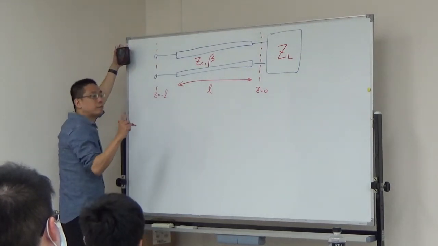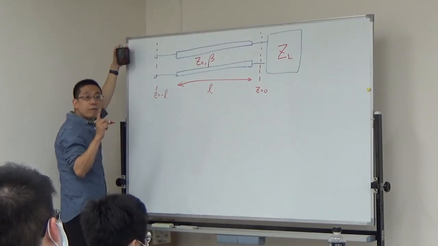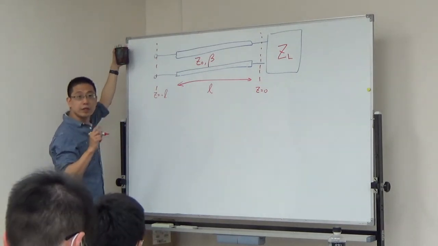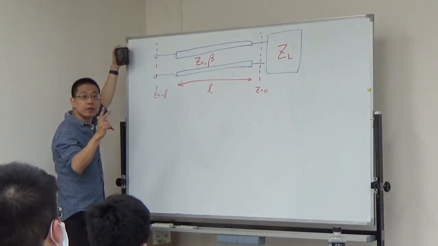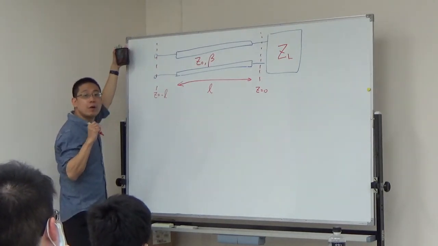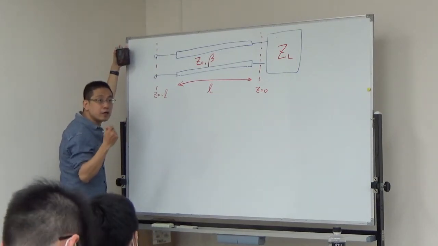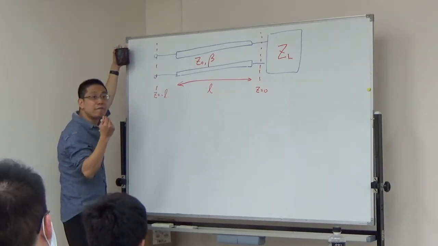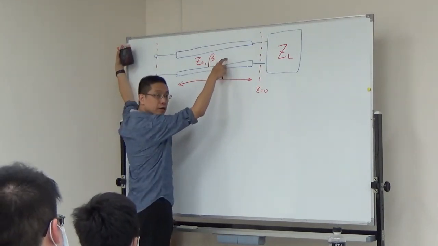So we can use the telegrapher's equations we derived at the beginning of chapter 2. We can obtain the structure of the voltage and the current on the transmission line.